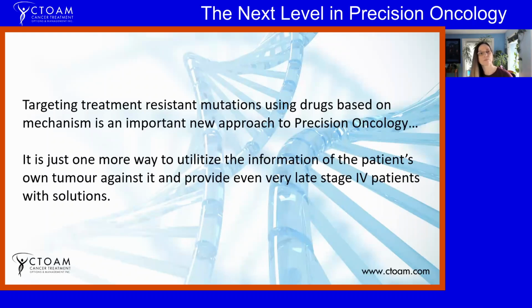So targeting treatment-resistant mutations using drugs based on mechanism is an important new approach to precision oncology. That's what we do. And this is the next level in precision oncology. And the future's here now. We're able to do this with computer modeling. We're able to do this just often with a peer review search. We're able to say, okay, what drugs will target this resistant mutation this patient has?